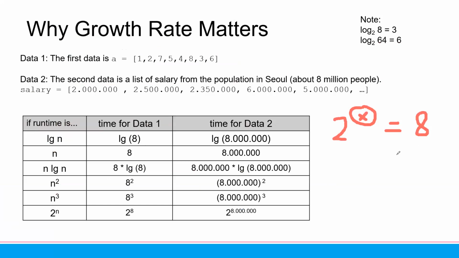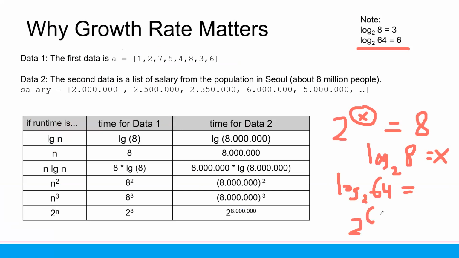And we can just refer to this log 2 8 equals to x. Okay. It means if we have this one log base 2 64, then it means we have 2 power of x that equals to 64. So what is x? In this case, we have the x equals to 6. Okay.